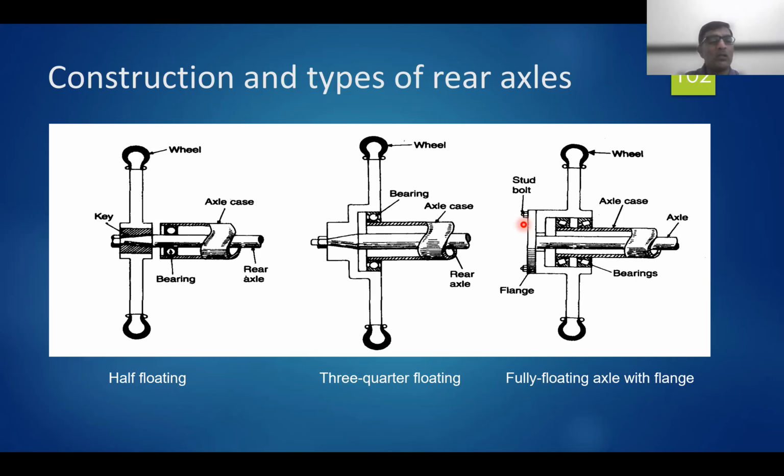So based on how it is constructed, there are different methods to handle whatever load of the vehicle, whatever thrust that the wheels have to provide, so that the vehicle will propel.